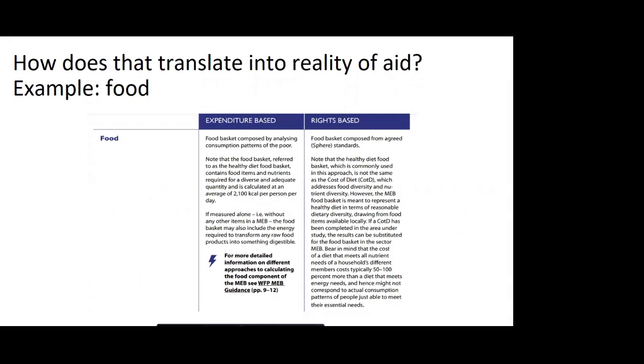But in contrast to the rights-based approach, the expenditure base wouldn't look at the nutritional density of the products you would be buying. So you might be meeting your minimum calorie quantity, but you wouldn't necessarily be having a very diverse and healthy diet.